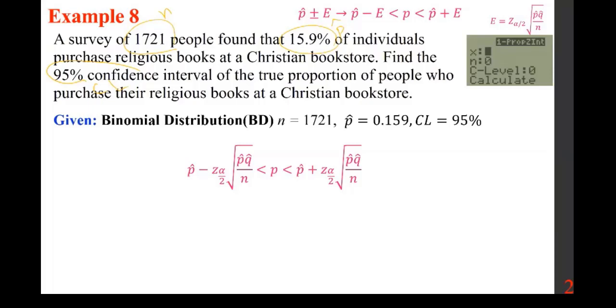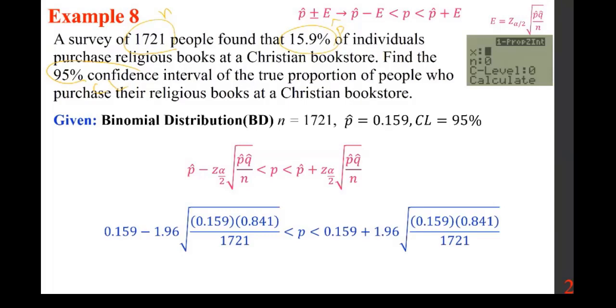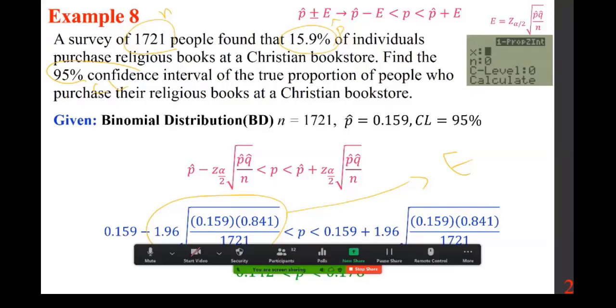I would actually stick with calculating E, which makes it easier. I would calculate this E just once and subtract and add, and the final answer becomes what you see: 0.142, p is between 0.142 and 0.176.